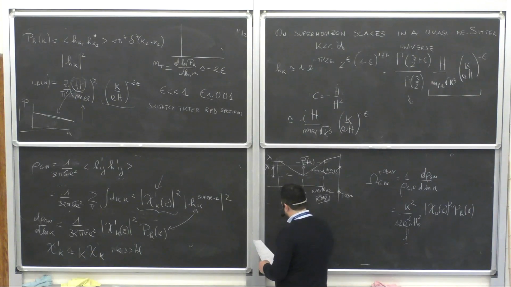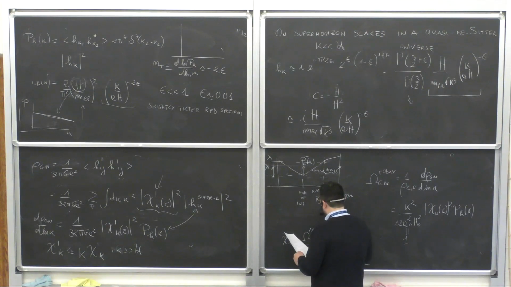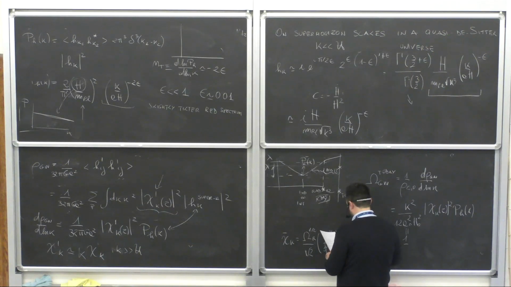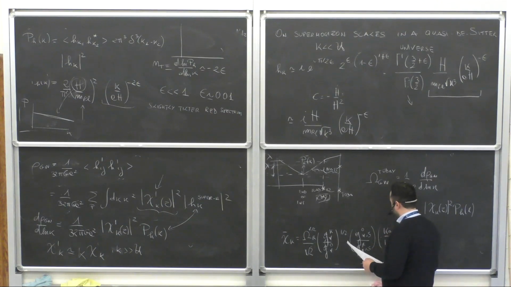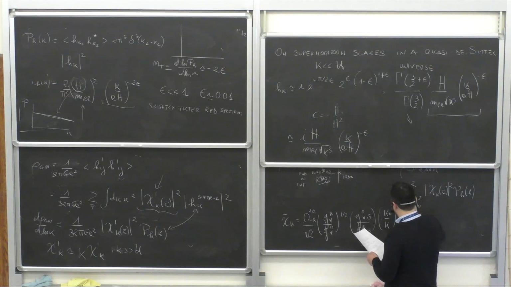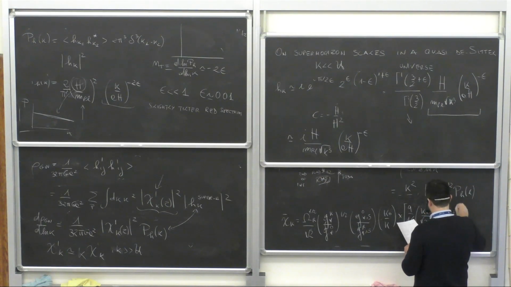So the average transfer function, let's say the full one, is something like omega radiation over square root of 2, g star over k, times g star of 0 to 1 half, g star 0 of s, g star of k s, times k0 over k, times 9 over 16 k equivalence over square root of 2 k to the 2 plus 1.